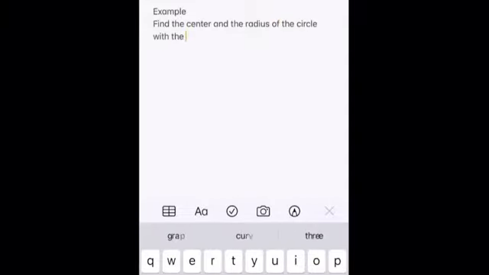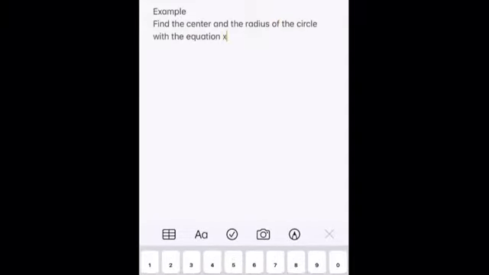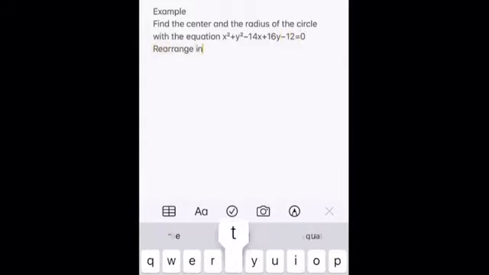Let's look at an example in which we have to find the center and the radius of the circle with the equation x squared plus y squared minus 14x plus 16y minus 12 equals 0. So first of all, we would rearrange it into the completed square form.